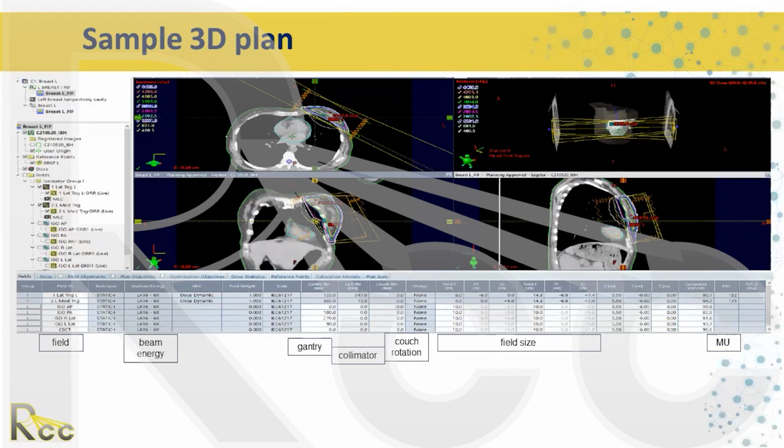So we are very diligent about making sure the patient is positioned correctly. That's why we film every day and make sure everything's lined up exactly the way we want.